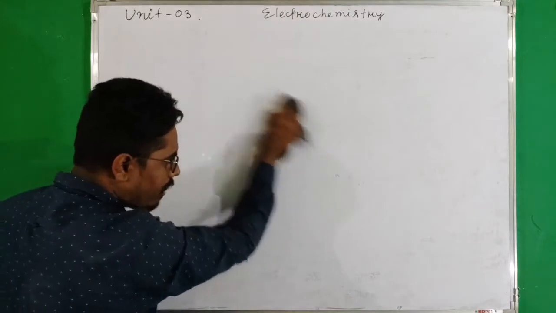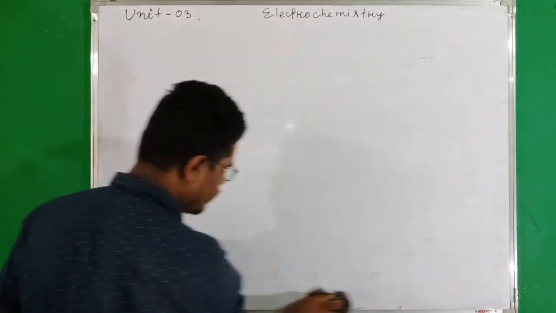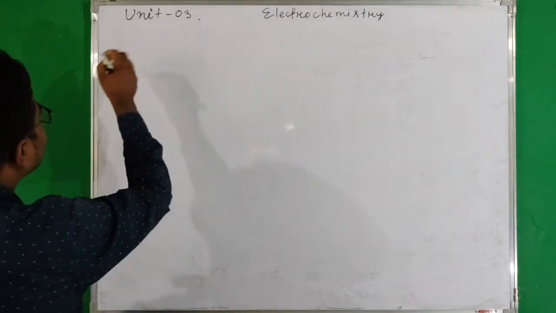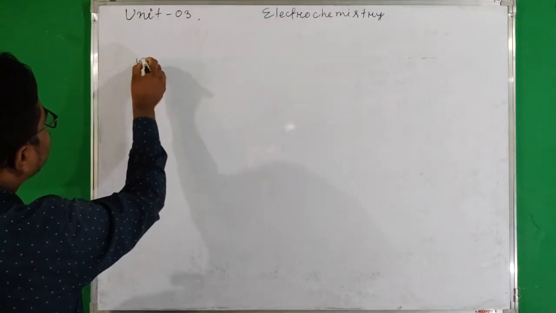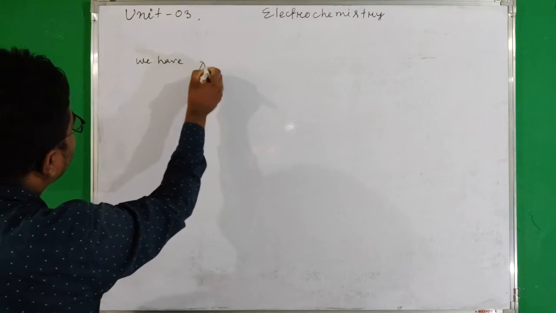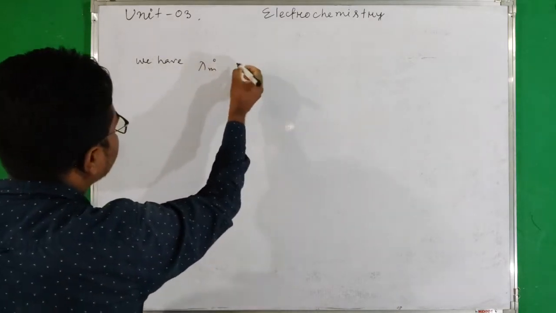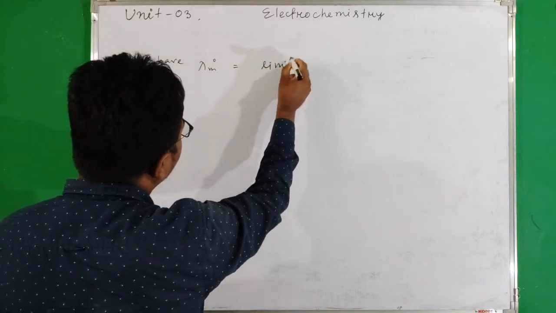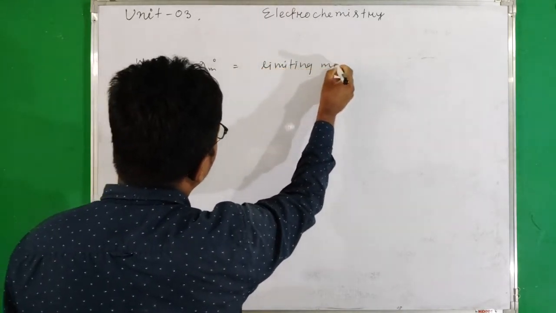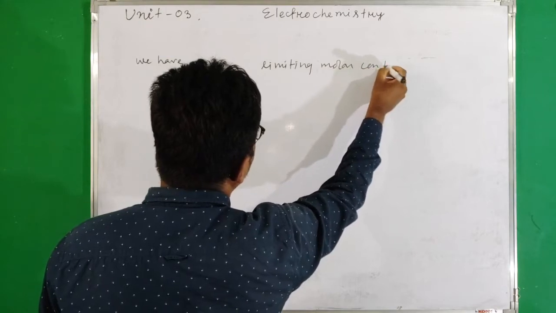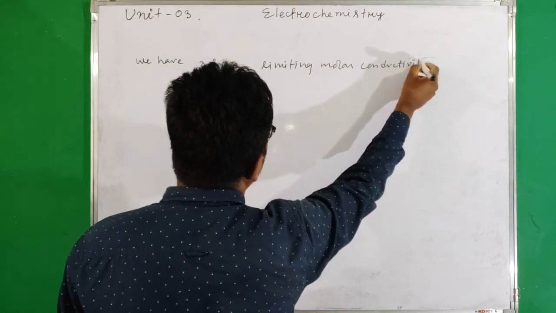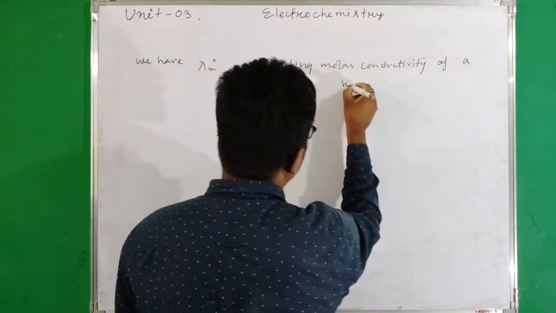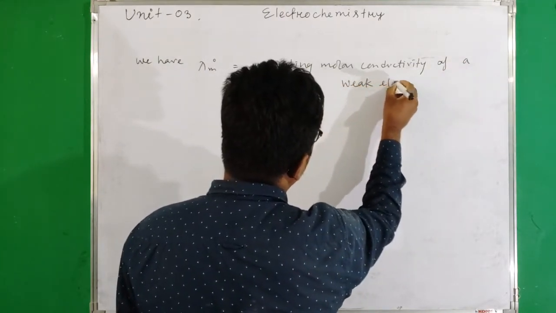for a weak electrolyte. So about degree of dissociation you have learned in class 11 chapter number 8, that means the ionic equilibrium. Okay, so suppose we have lambda m naught, which is equal to limiting molar conductivity of a weak electrolyte.